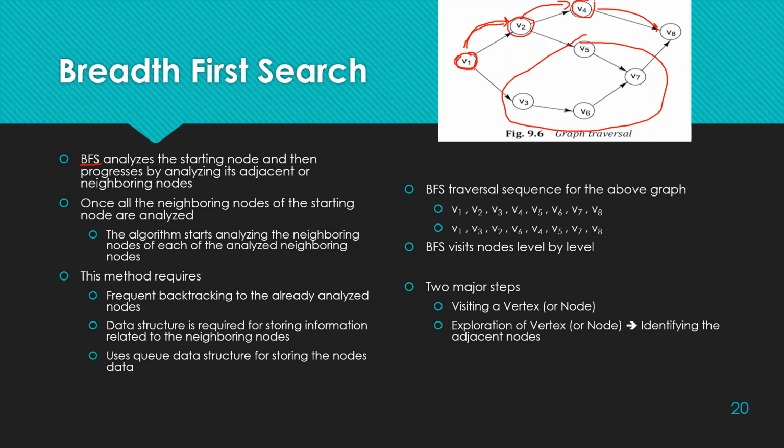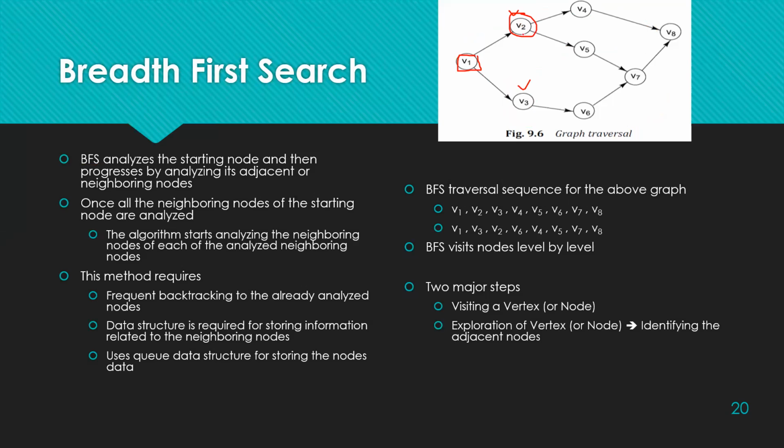So then I come back and start with this one. I analyze neighbor V3, then I analyze neighbor V6, then V7, and then, say, V5. So there can be different possible solutions. It is not only one solution which is obtained. Remember, first you consider the starting node, analyze who the neighbors are, then jump to the next neighbor.